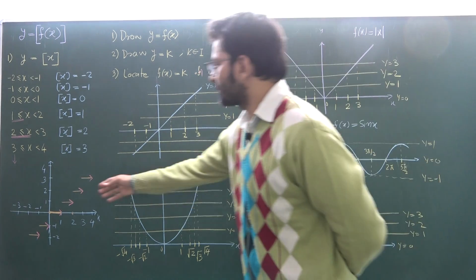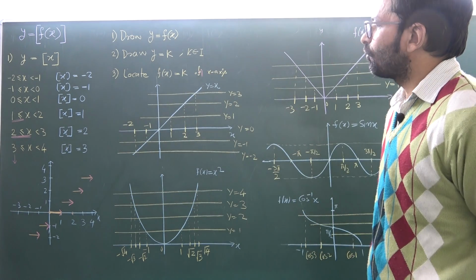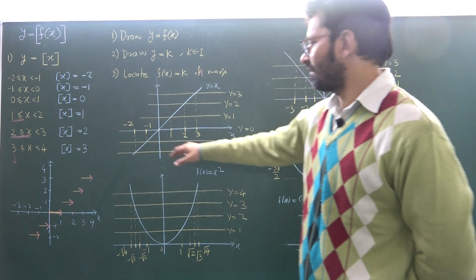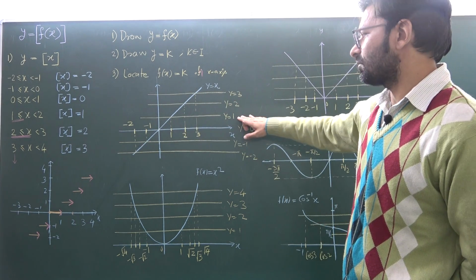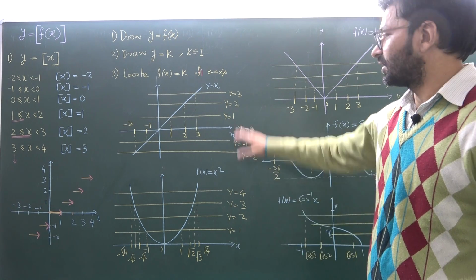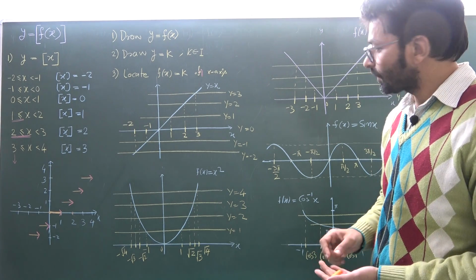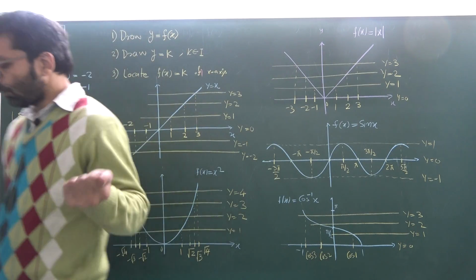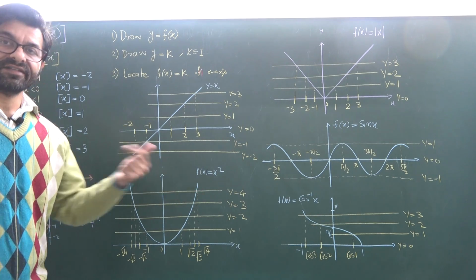Okay, so let's do this question here. This blue line is y equals x, and then I have drawn constant values y equals 1, y equals 0, y equals 2, y equals 3, lines parallel to the x-axis represented by these yellow lines. Then we calculate the points of intersection and locate them on the x-axis.